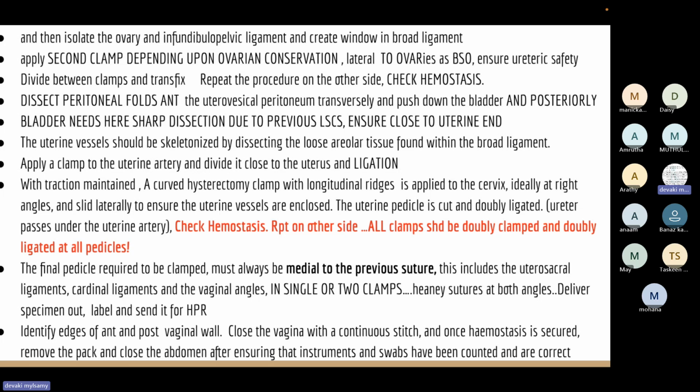After this, identify the edges of the anterior and posterior vaginal walls and close the vagina with continuous stitches. One needs to achieve adequate hemostasis at this point. Whatever packs, needle and instrument counts we had been using, we have to take the count by the end of the surgery.